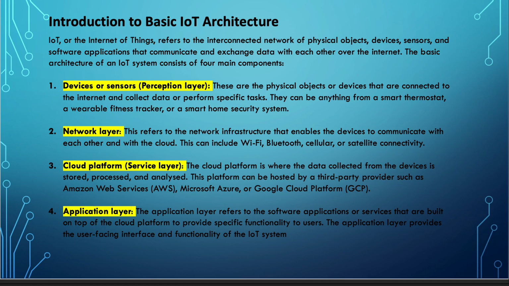The network layer, where all these devices are connected together, and connected to the internet itself through networking, right? When components are connected to the internet today, cloud platforms come into play, and the application layer also comes into play. But in this lesson, as we said, we are mainly concerned about the perception layer and a little bit about the network layer, how to build an embedded IoT device.